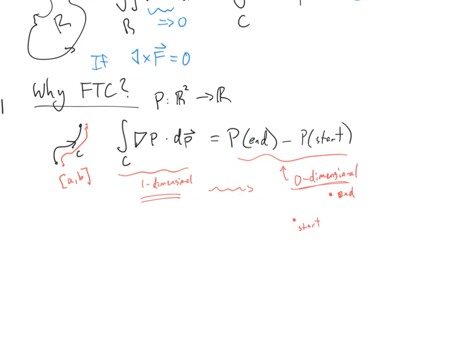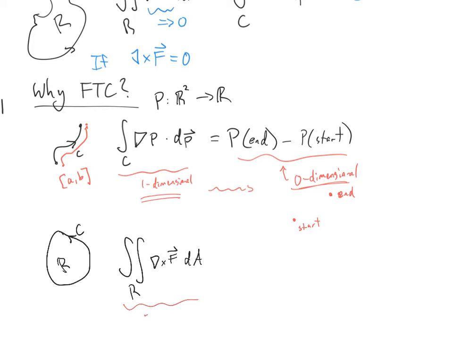Likewise, Green's theorem is taking something, and I'm going to use the same notation as before. So here's R, and here's my curve C. This is a two-dimensional integral. I take the scalar curl of f, dA.